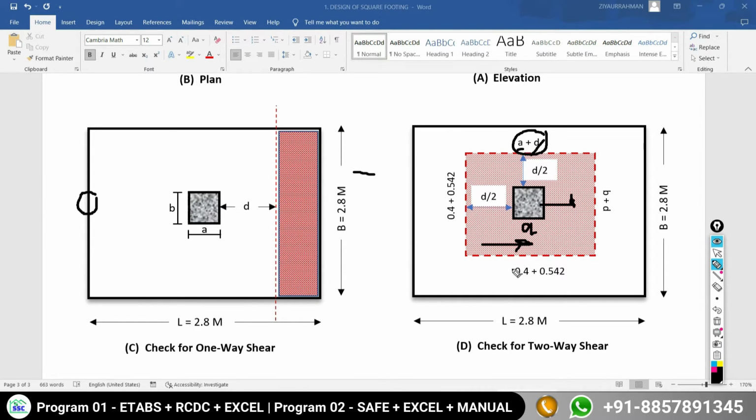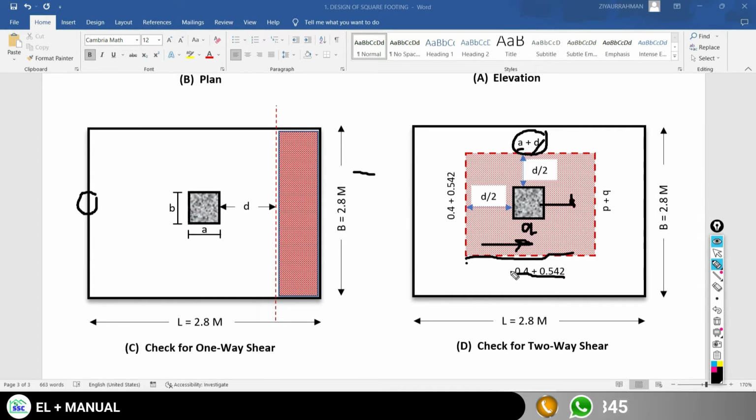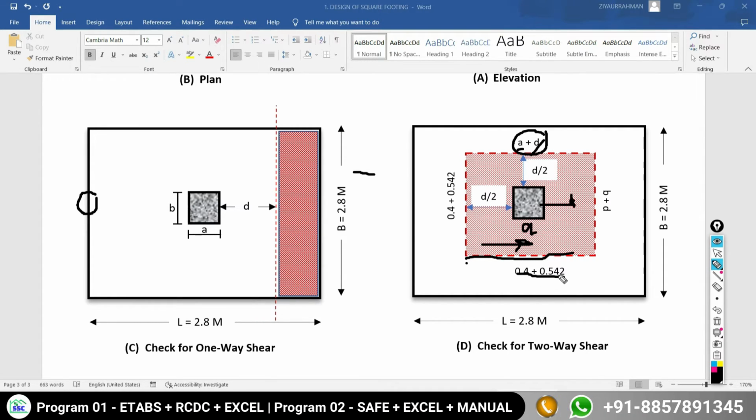And if you put the value, you know that the dimension of the column is 400 mm. So I am going to consider 0.4 meter plus effective depth, which you know is 0.542. So along this direction, this side is 0.4 plus 0.542. This dimension, this side and this side, both are the same. So two sides these are.